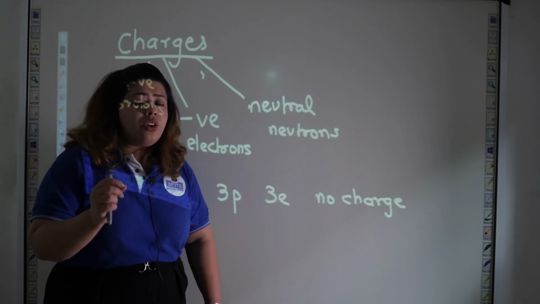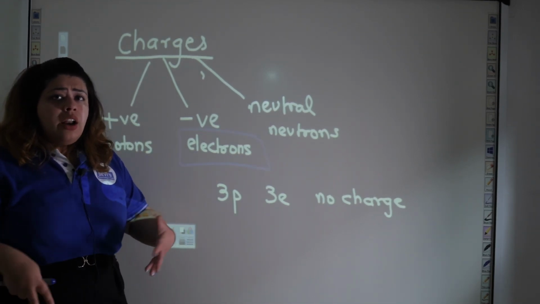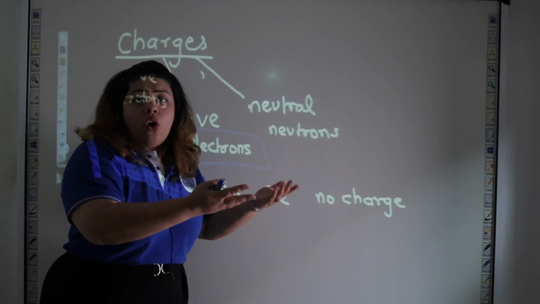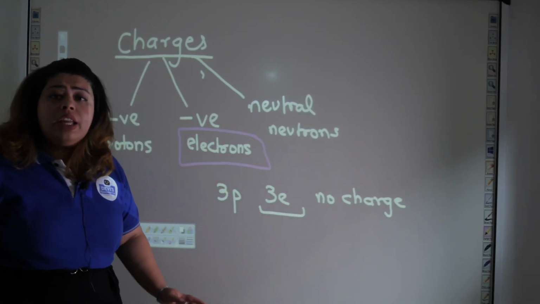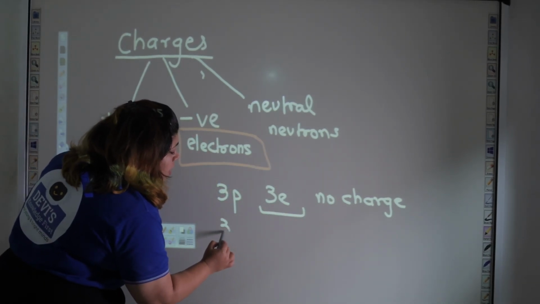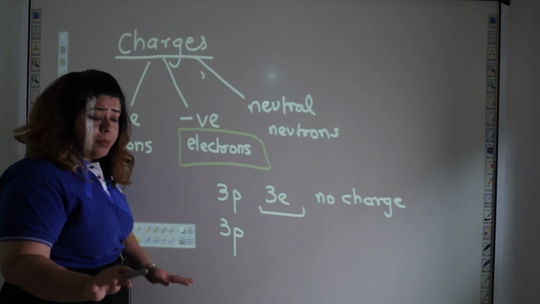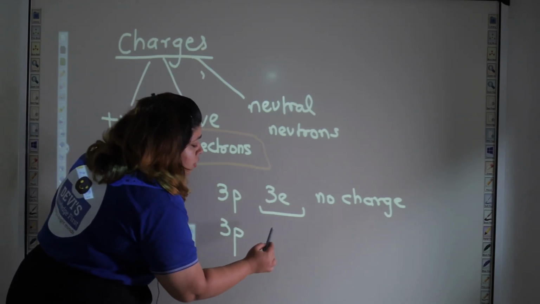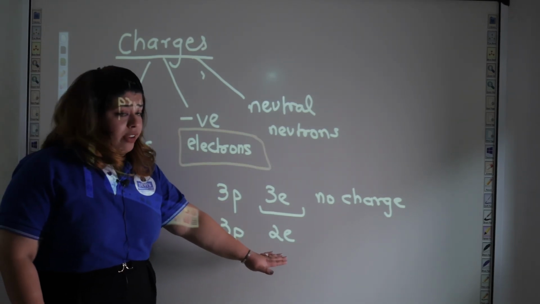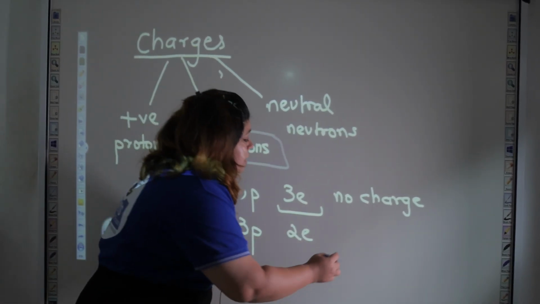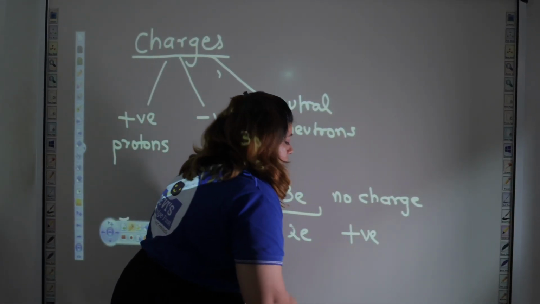Only electrons are allowed to leave their orbits and bond with others, because electrons are supposed to be free. The protons will remain as they are, 3 protons, and in case 3 electrons go to 2 electrons, there is a deficit of electrons. That's the reason this will get a positive charge.